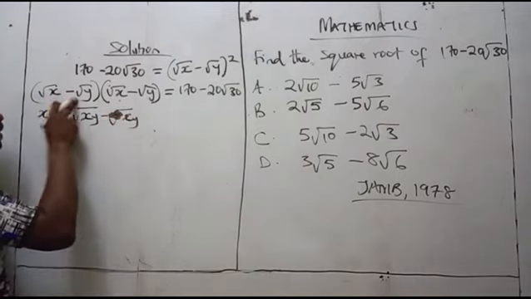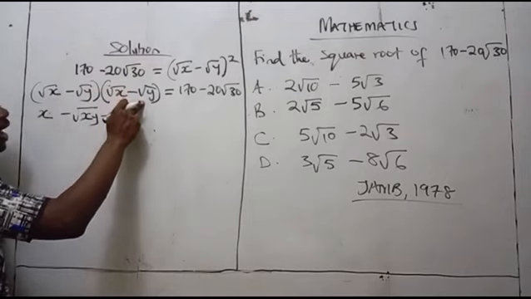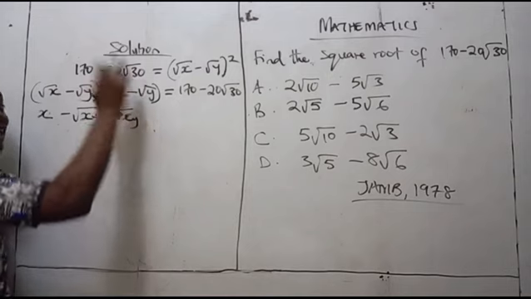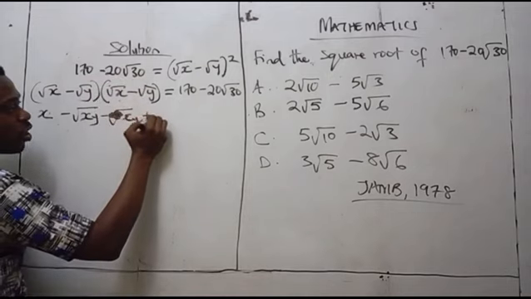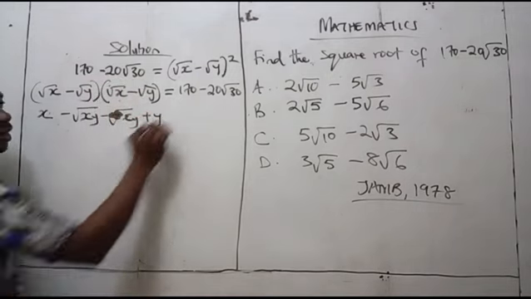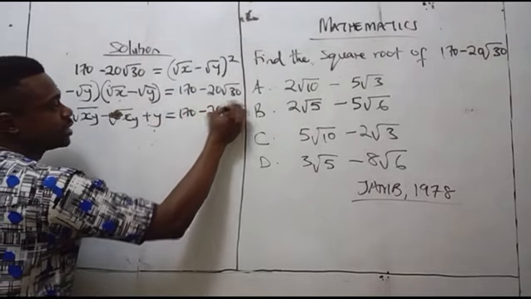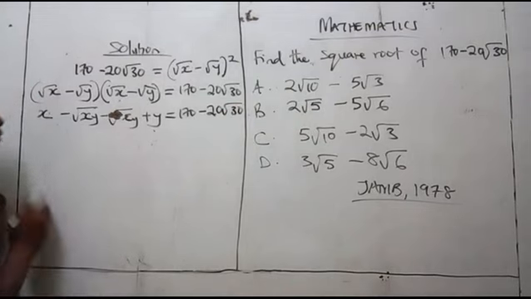Minus root y times minus root y: minus times minus is plus, and root y times root y is y. So this is still equal to 170 minus 20 root 30.